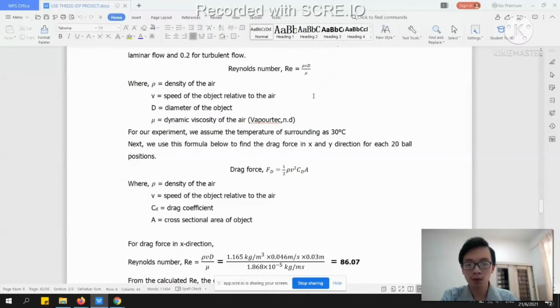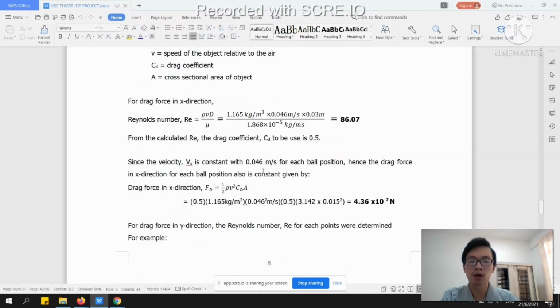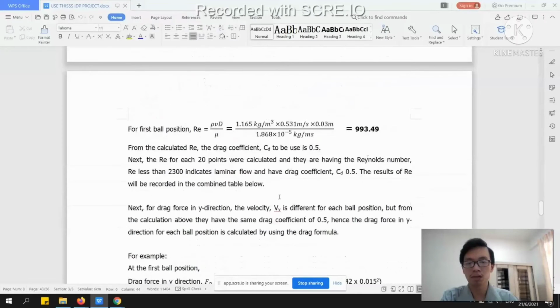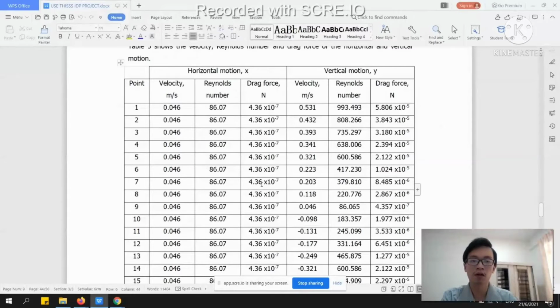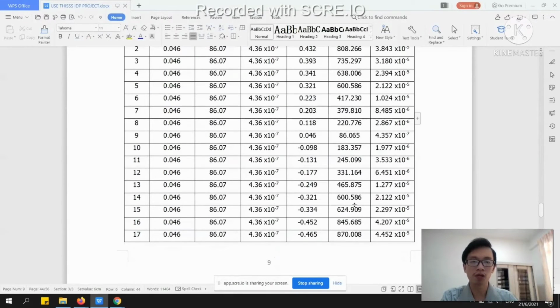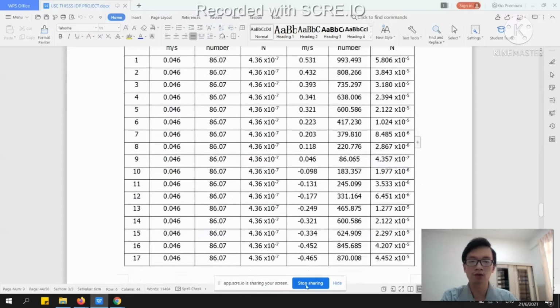So substituting the drag coefficient and the velocity, we can obtain the drag force for each x and y direction, as shown in the report here with all these formulas, and we can tabulate the data and know which point has the highest and lowest drag force. That's the presentation for the FPS method.